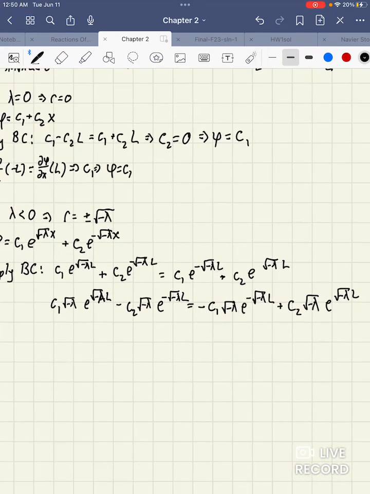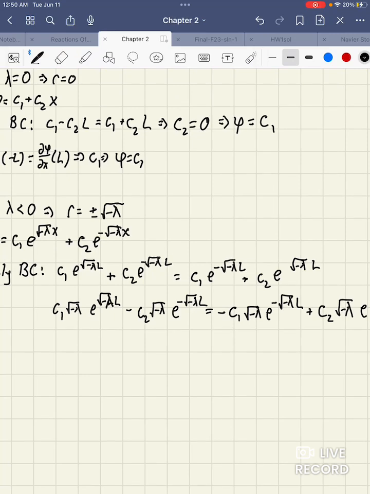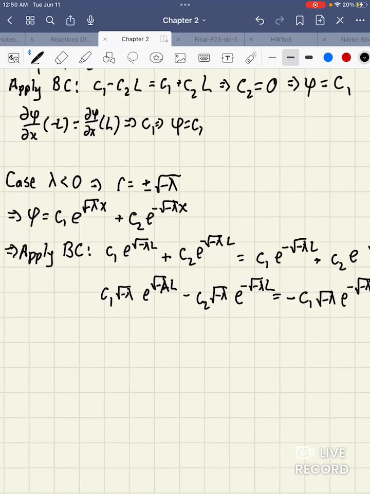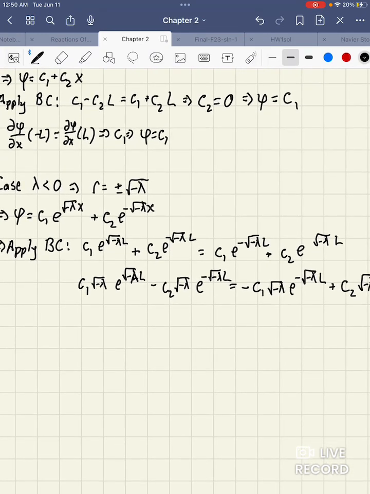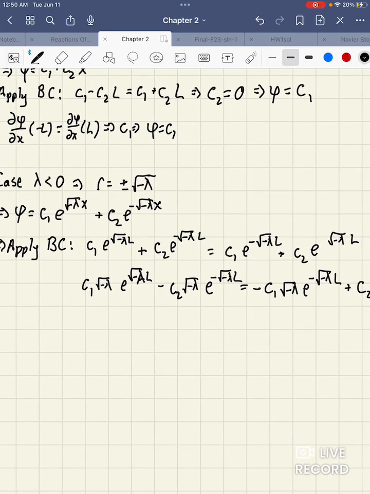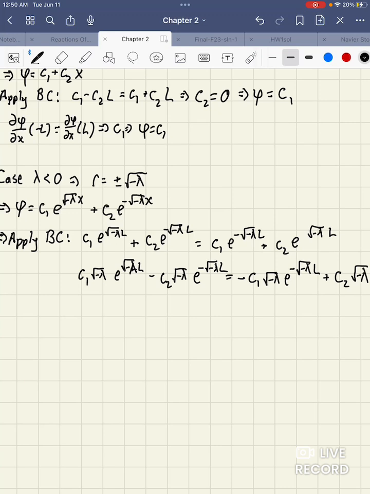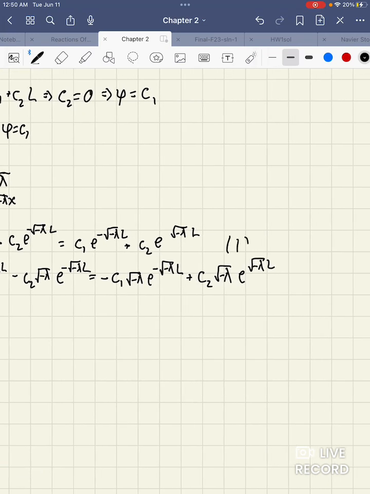Now if I try to solve these, I will get the trivial solution. So let's see how we can solve this. First, let me name them equation 1 and equation 2.